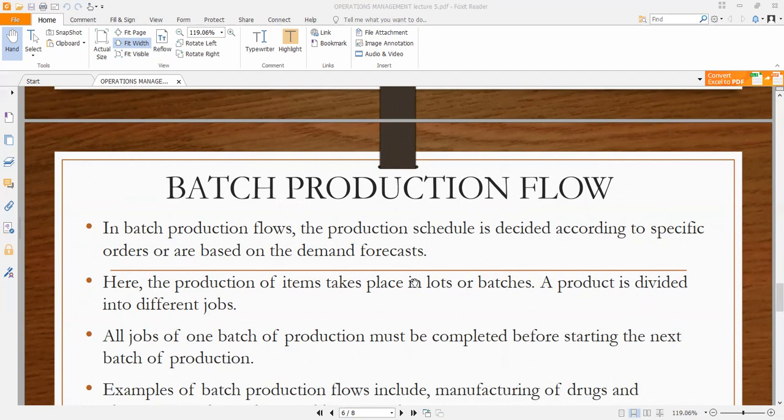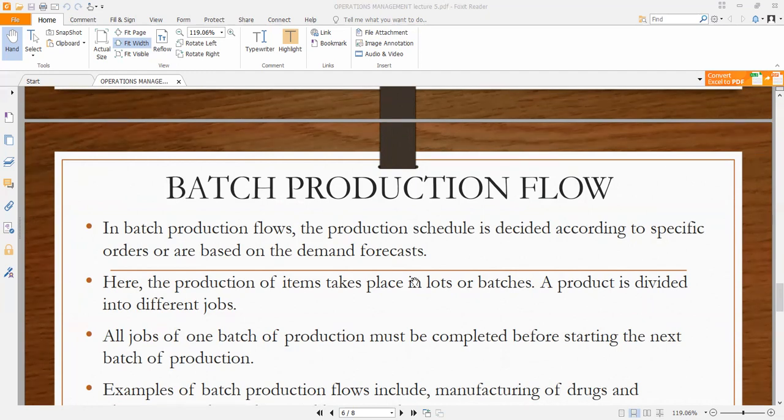For instance, you are looking at a manufacturer who is manufacturing drinks. Or let me talk about Coca-Cola. We assume that Coca-Cola had flavors: Coca-Cola, fruity, and so on.